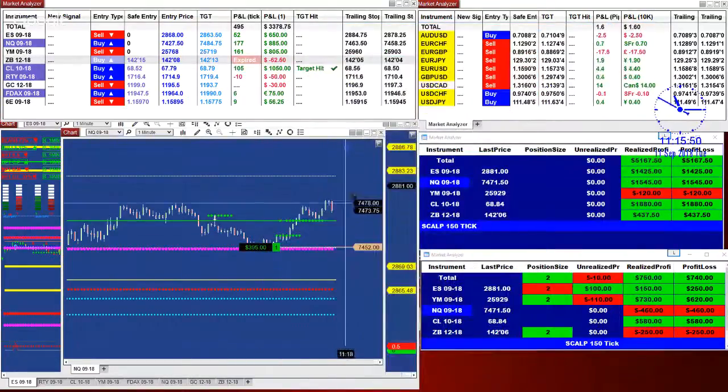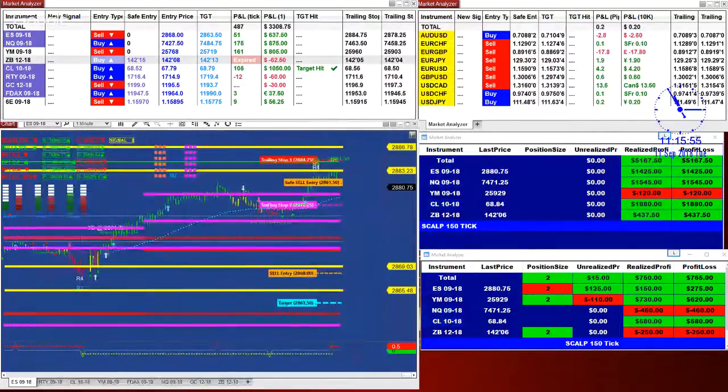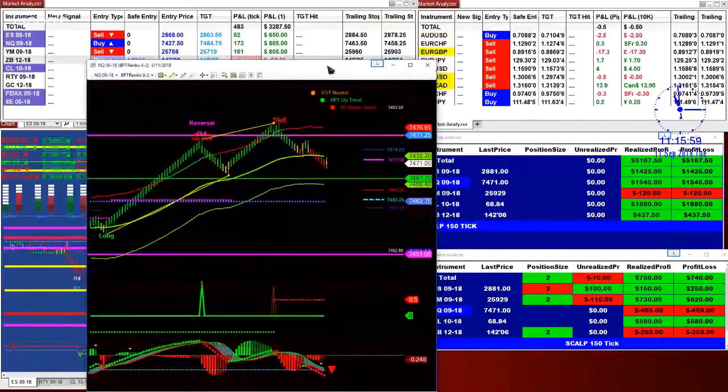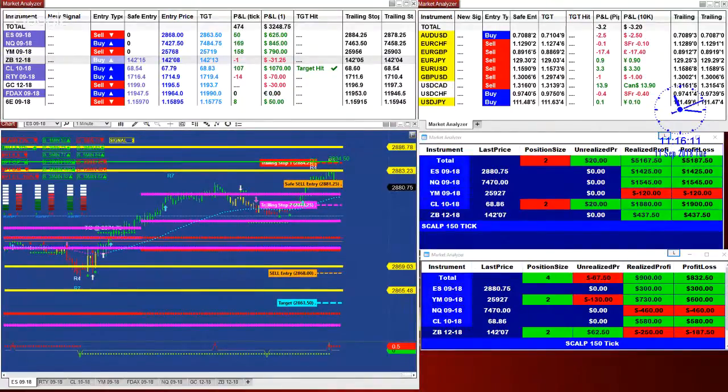So we'll see how things play, and we're going to wait a few minutes on this one here. Oh, finally the Nasdaq shows me some bars on the 1 minute. Okay, thank you.